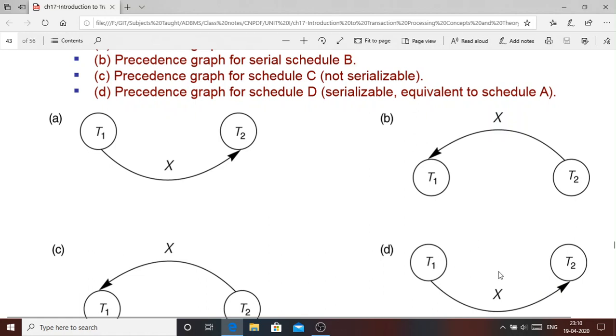Why is it serializable? Because the precedence graph that you obtain for graph D is conflict equivalent to schedule A, whereas the precedence graph that you obtain for the non-serial schedule C is not conflict equivalent to any of the serial schedules. So you find a circular fashion here, which indicates that it is non-serializable.